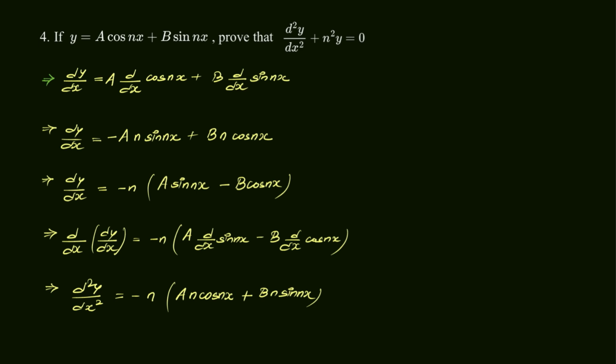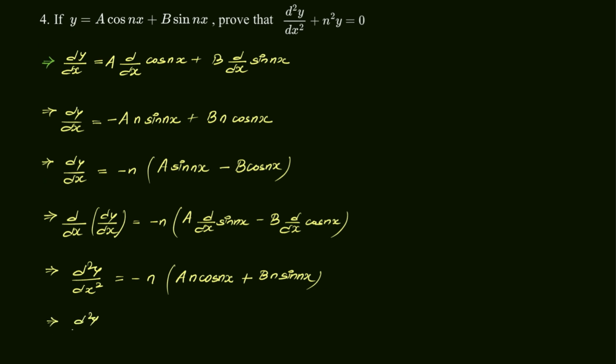Now let us take out n common again, then that n and this n which is outside already will become n square, and inside we will have a cos nx plus b sin nx.